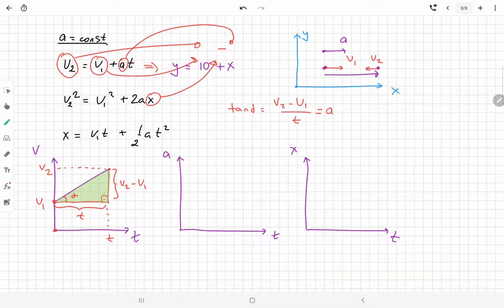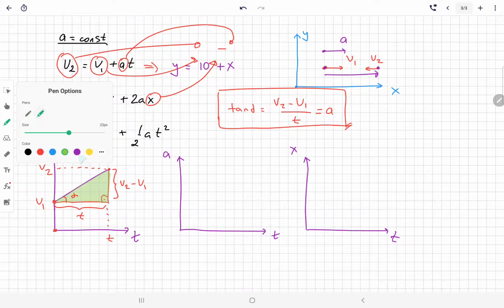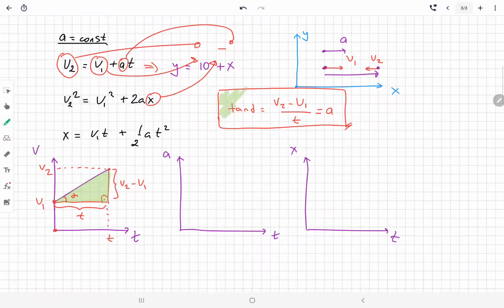That's all. What does it mean? It means if you have a velocity-time graph and the slope, a synonym of tangent alpha, if you calculate tangent alpha, it will be equal to acceleration.